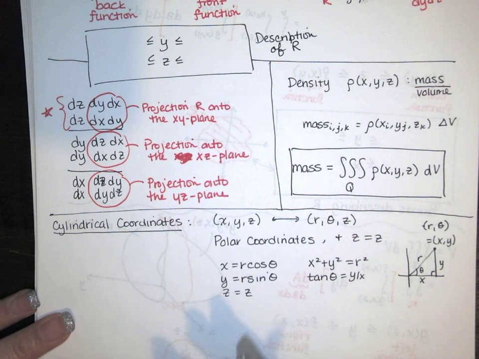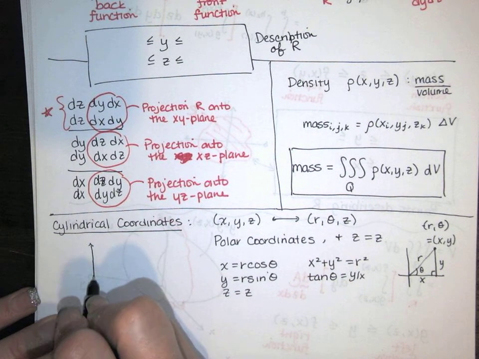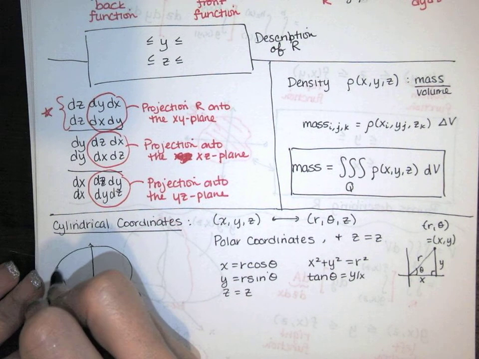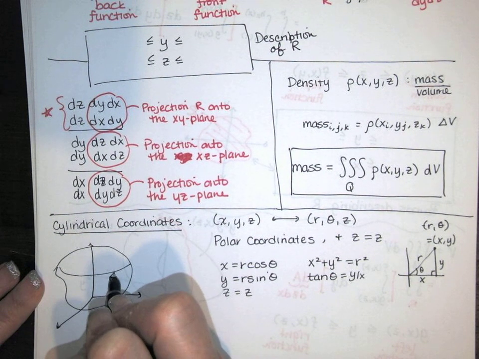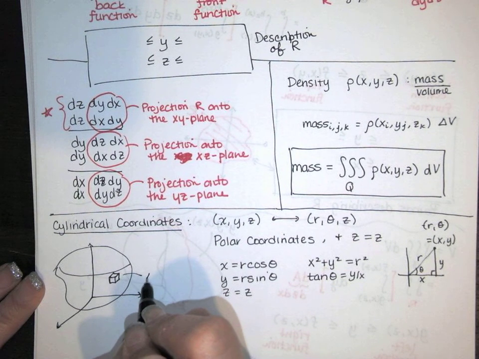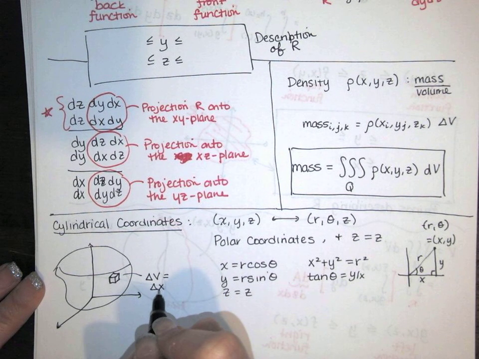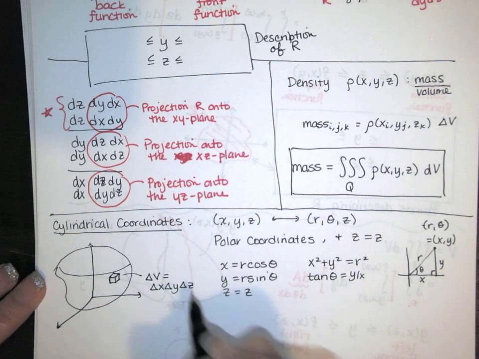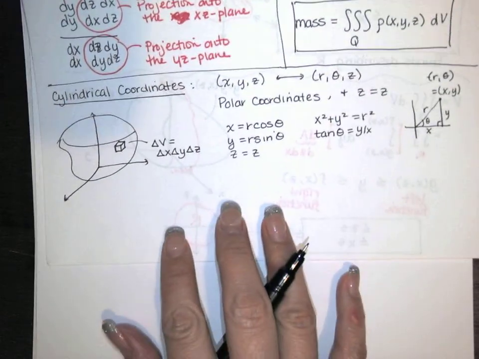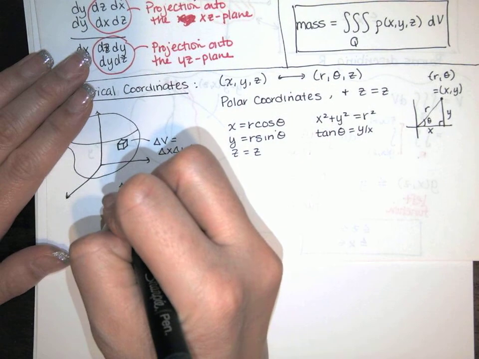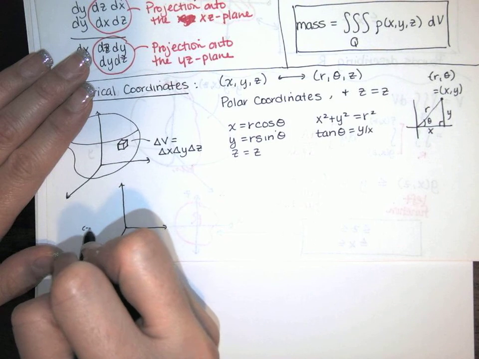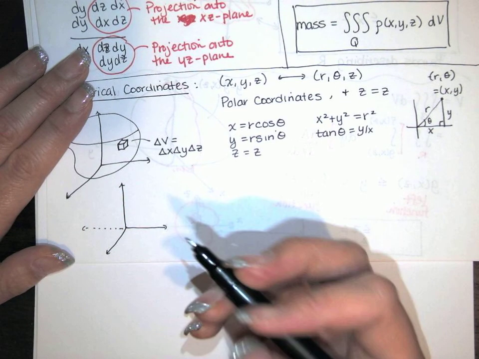Well, instead of taking our solid region Q and splitting it into a bunch of little cubes with volume delta V, which is delta x times delta y times delta z, we're going to represent volume differently. It's going to look more like we took polar coordinates and then we superimposed this z dimension.